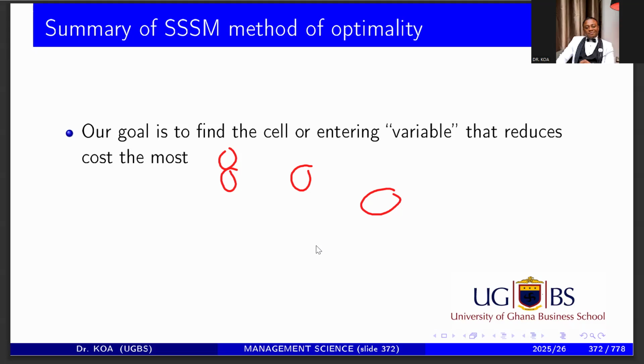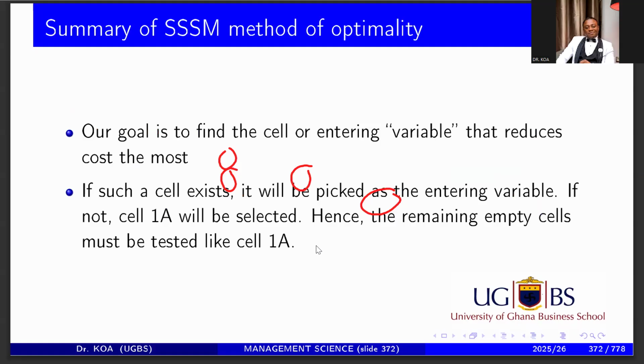And that is why when you find the cell, you got to make sure that you do not also undermine the balanced transportation that we do. If such a cell exists, it will be picked as the entering variable. If it doesn't exist, 1A will be selected. For example, suppose that we didn't get anything, then we have that 1A selected. Therefore, the remaining empty cells must be tested like 1A.